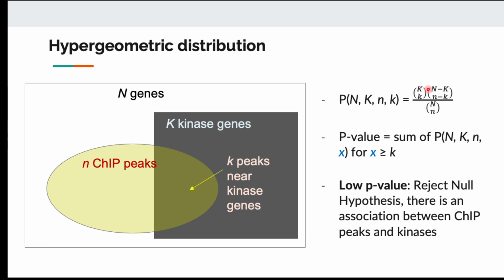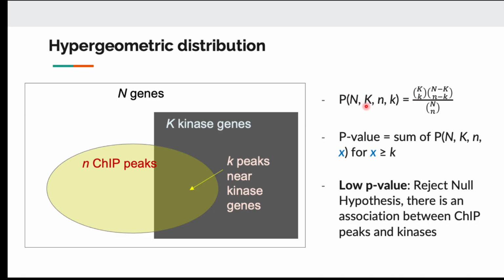How many ways can you do that? For example, if you have 6 genes and you want to select 2, so you have 6 choose 2. You can calculate how many ways you can select 2 genes from a collection of 6 genes.